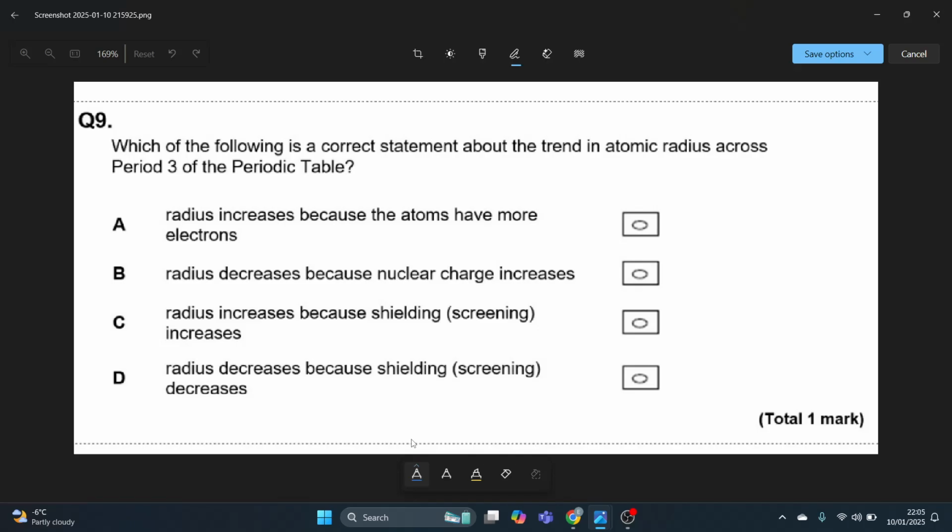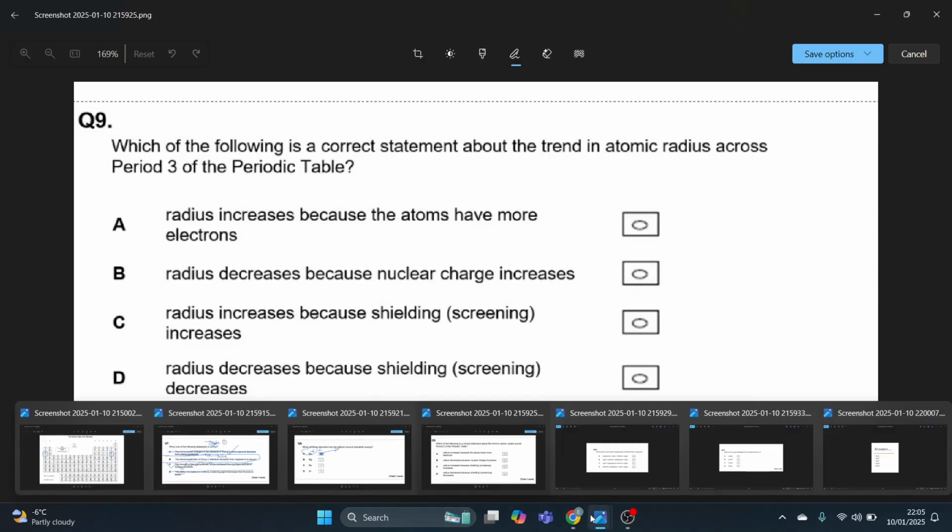I think I need to have a quick review of the period 3 elements and the oxides trends. I'm not sure for this one. Let's move on to the next one.